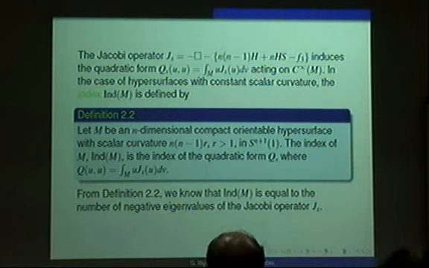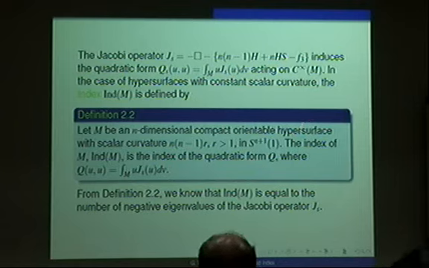So the Jacobi operator induces a quadratic form, where this space means the space of smooth functions on M. In the case of hypersurfaces with constant scalar curvature, the index is defined this way. Here the quadratic form Q equals this one.